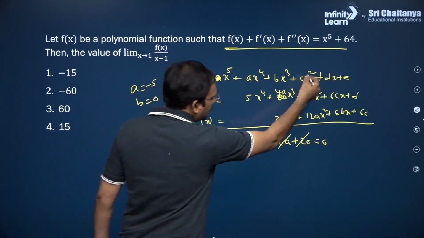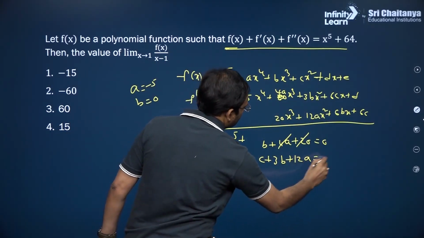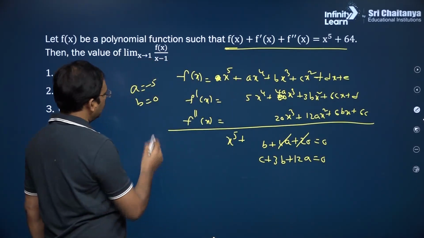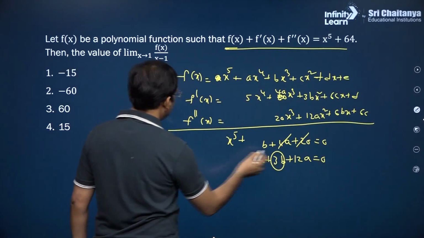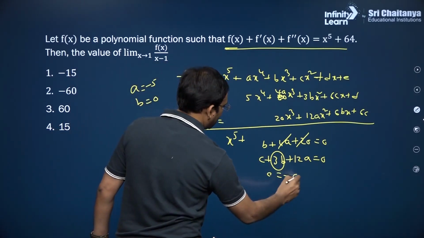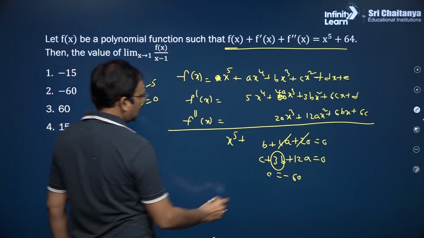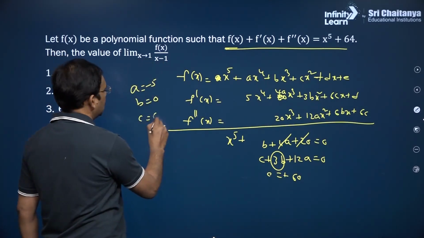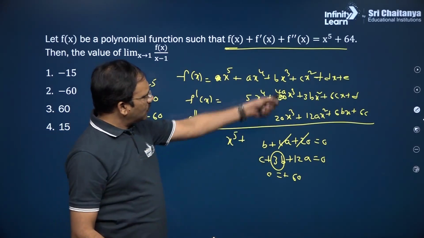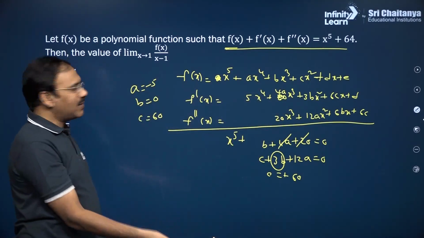Now next step, c plus 3b plus 12a is equal to 0. So b is 0, 12a is minus 60, so c is equal to 60. In the same way, you can find D and E, so you will get f of x completely.